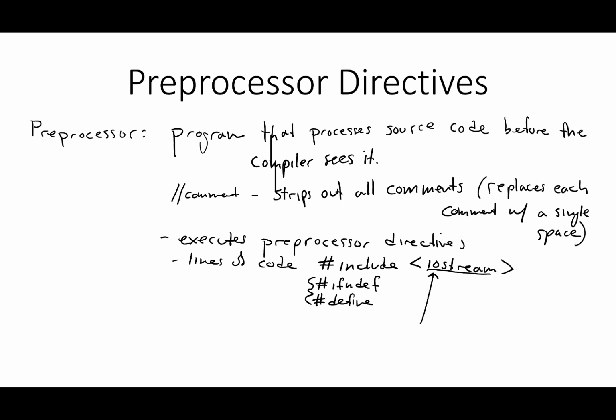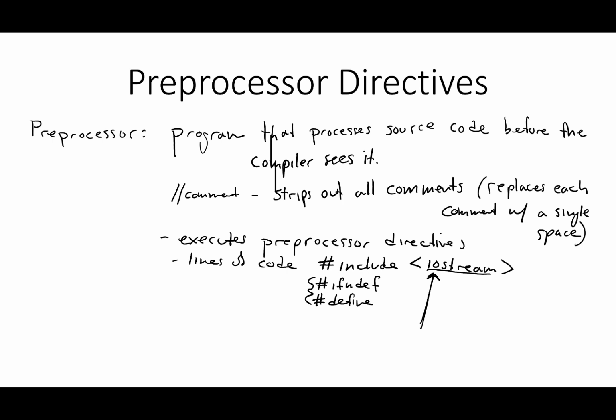Basically, you can use files that maybe you wrote and didn't want to include in every single source code, or you want to use a file that someone else wrote, like this iostream file. The preprocessor is just going to take that file and paste all of its contents into the top of your source code. Specifically, iostream is for the input-output streams, so you'll see later that you're going to be able to read data into your program and print things out to the console.